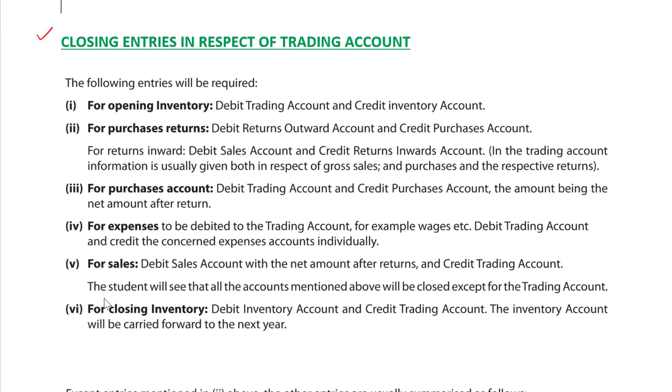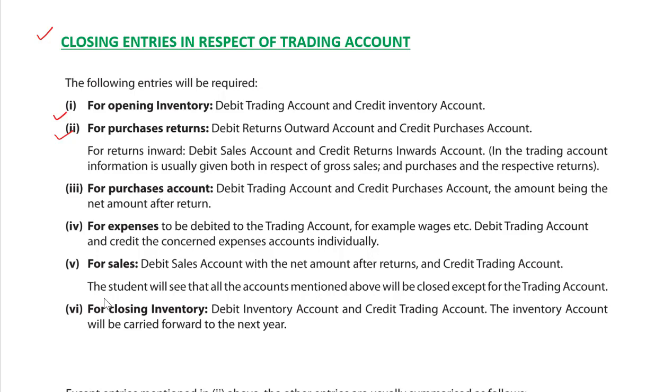Closing entries in respect of trading account. The following entries are required. First, for opening inventory, debit trading account and credit inventory account. For purchase return, debit return outward account and credit purchase account. For return inwards, debit sale account and credit return inwards account.